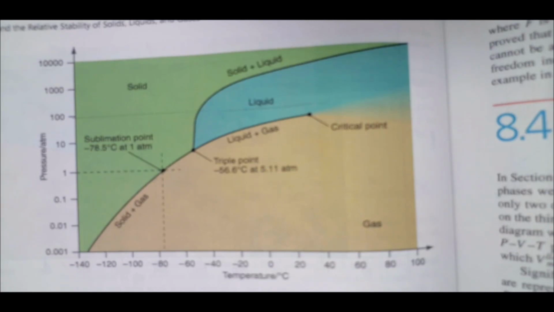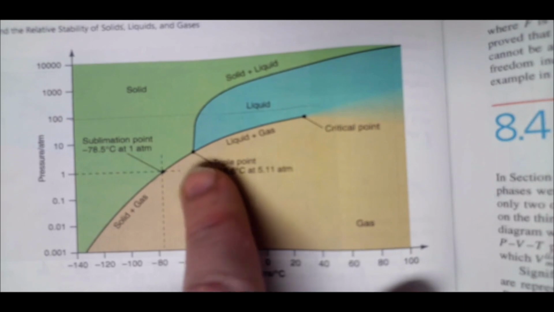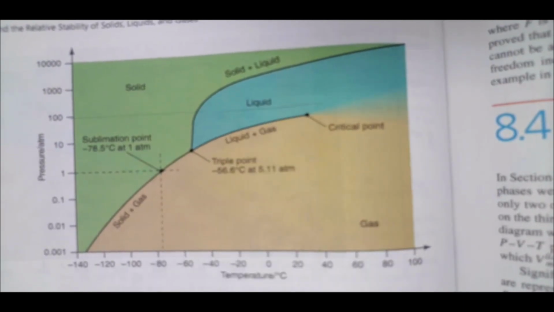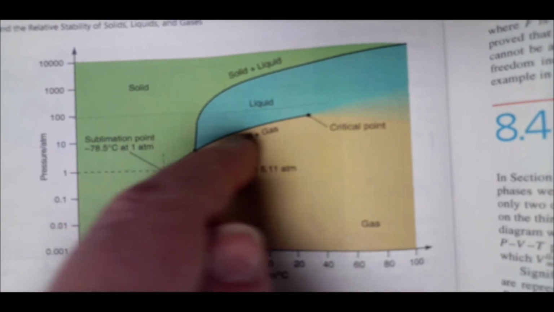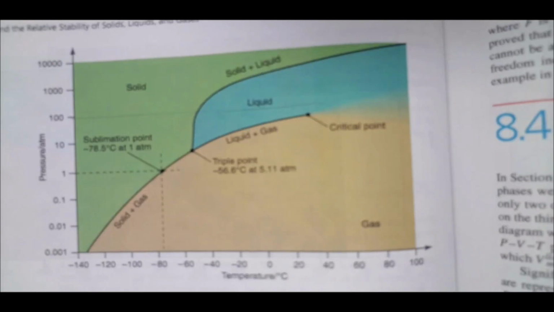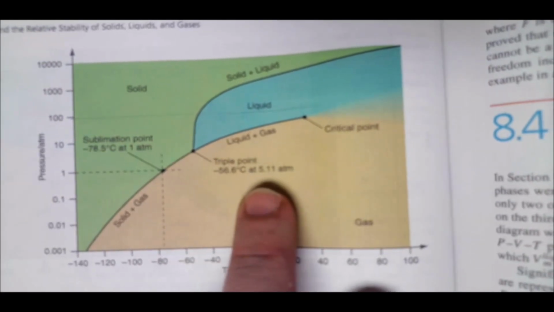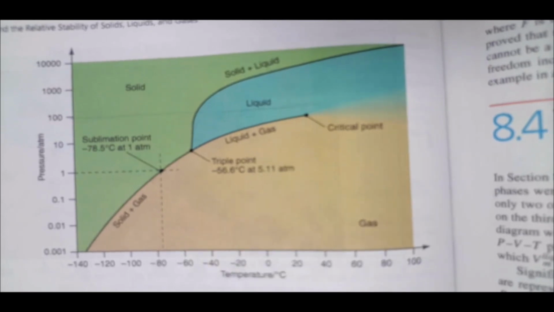In that case, we'd have to carefully follow that line from the triple point all the way to the critical point, because that's where we're riding the line of it's boiling, but it's also condensing. So we'd have to very carefully follow that interface. Solid, liquid, gas coexist. Well, that only occurs at the triple point, and they've conveniently labeled that for us.